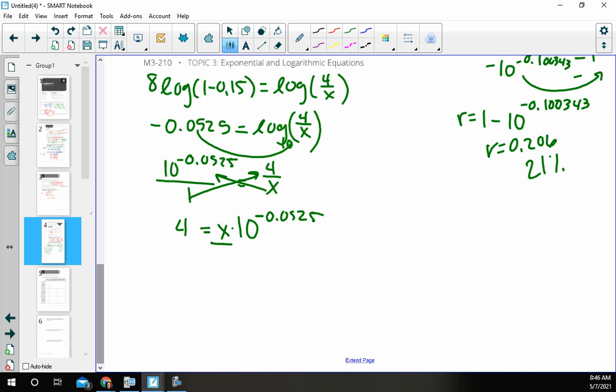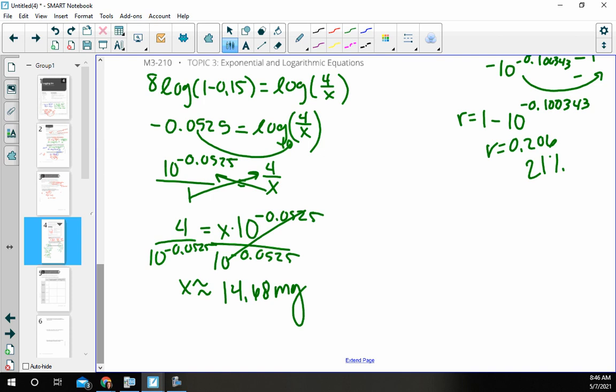So it's multiply, so I'm going to end up dividing it to get rid of it. Okay, so when I divide it, I should get about 14.68 milligrams that I would need to be putting into his system to decrease it to that specific rate and still have that same amount left.